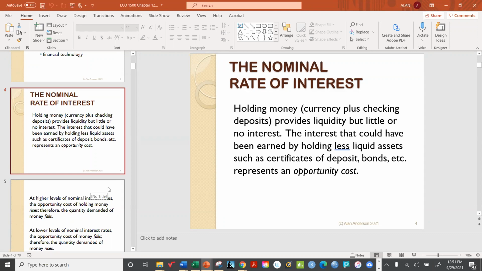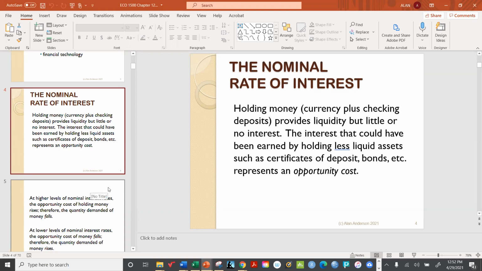So in other words, people are always considering alternative ways of using their funds. And one of those is their savings between money and other interest-bearing securities like bonds. So as interest rates in the economy rise, people will hold less money and more bonds.